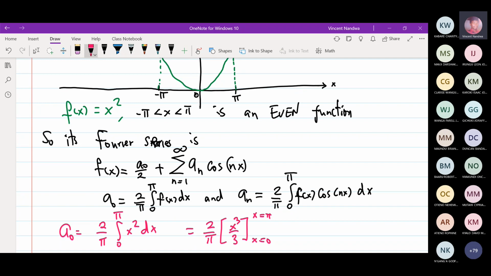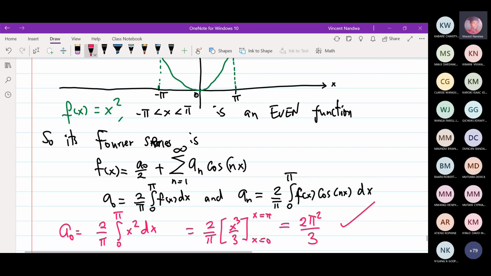Now put in the limits and let's see. What will be the value of a naught? 2 pi squared over 3. Correct. 2 pi squared over 3.